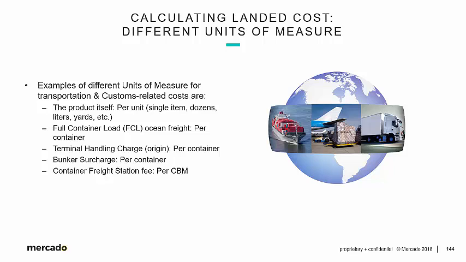The key point here is we want to identify the unit of measure for the product itself. Moving on, full container load, FCL ocean freight. That is based on a per container basis. We saw that in our previous example. $1,450 for a 40-foot high cube container going from Ningbo to Los Angeles. That's a unit of measure.